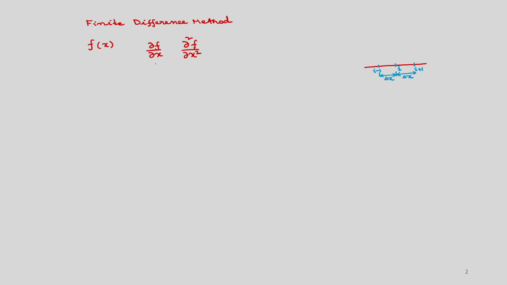If f x is a continuous function and we need to find these derivatives at the values of these discrete points, let us say that f x varies like this.